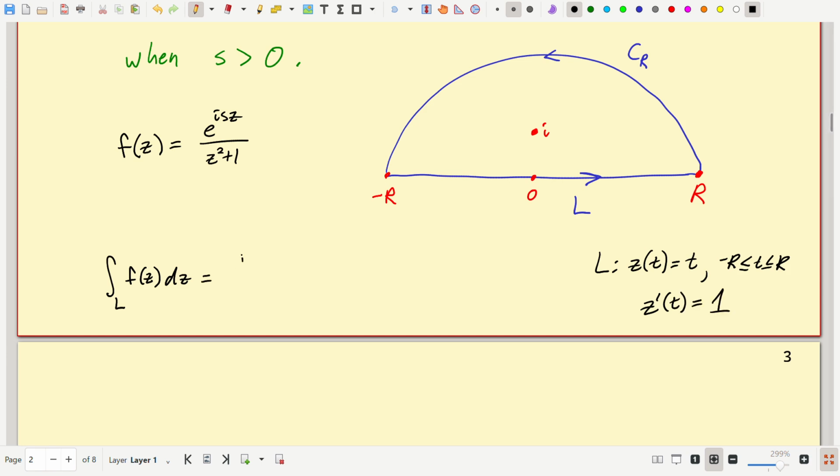So that would be the integral from minus r to plus r of e to the i s t over t squared plus 1 dt times 1 dt, since z prime of t is 1.